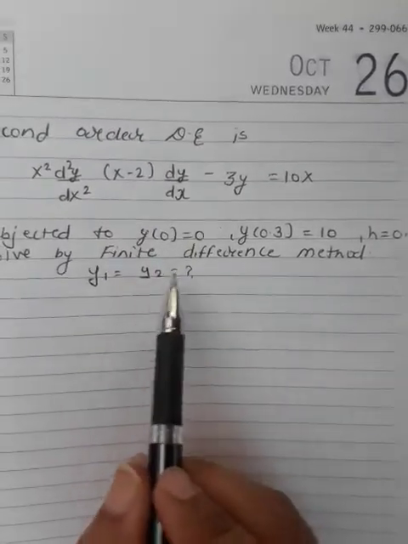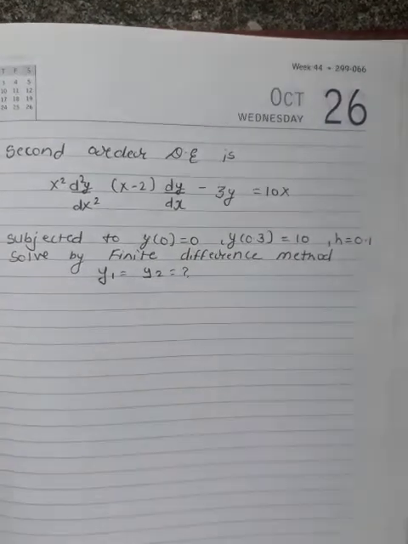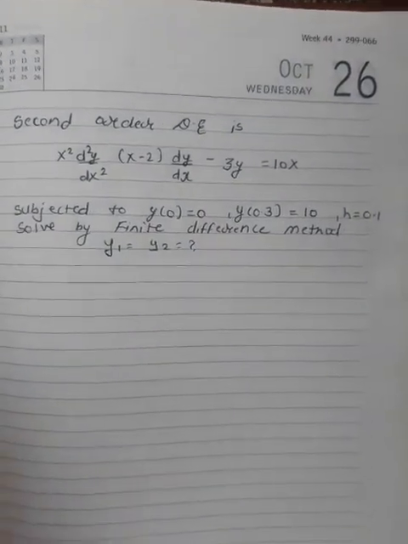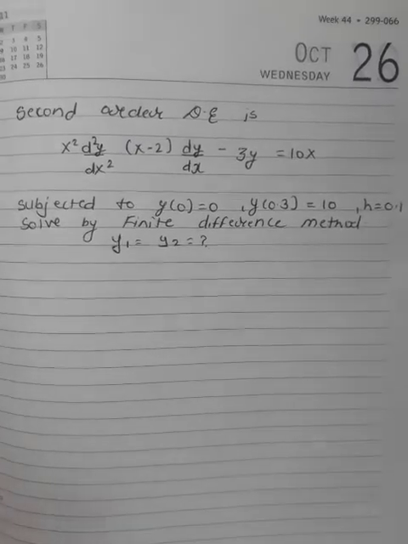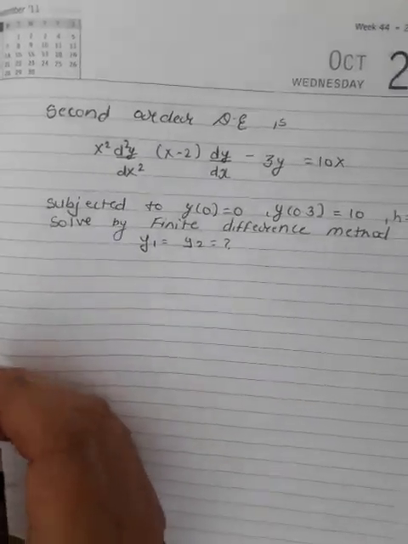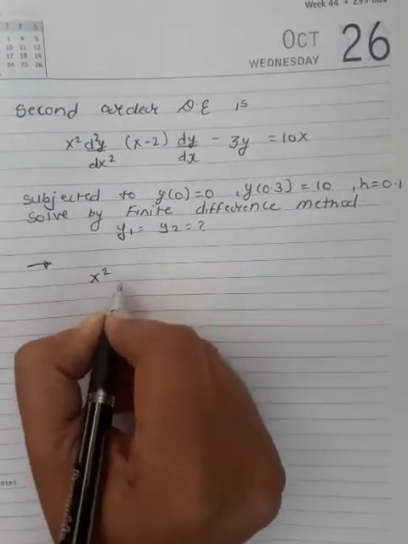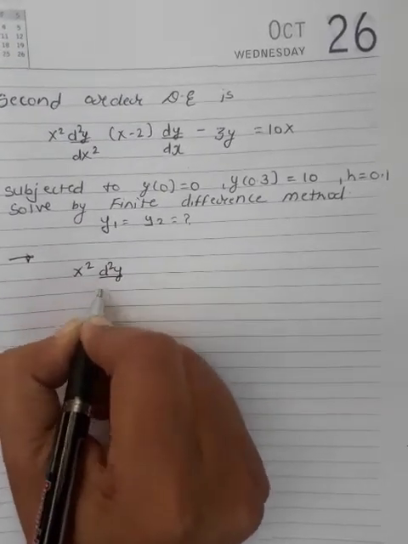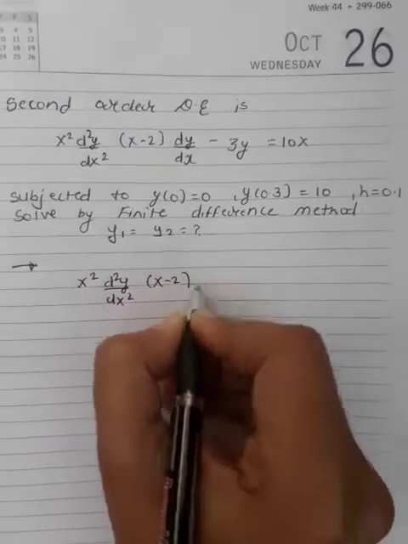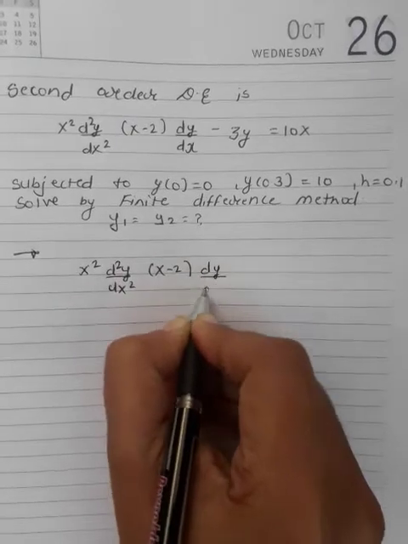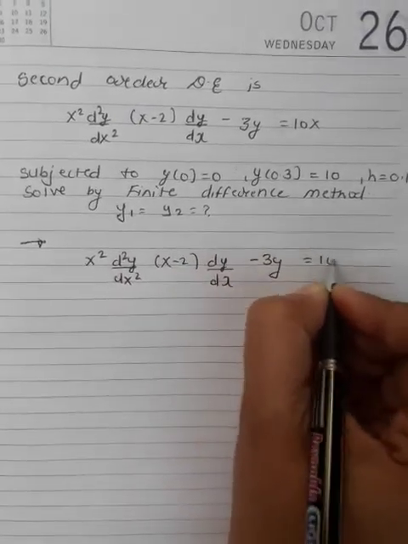You have to solve this equation by using finite difference method and you have to find out the value of y1 and y2. So how to solve this equation we will see. The given equation I will write here once again: x square d2y by dx square minus 2 x dy by dx minus 3y is equal to 10x.